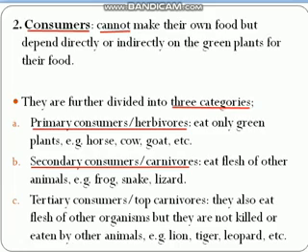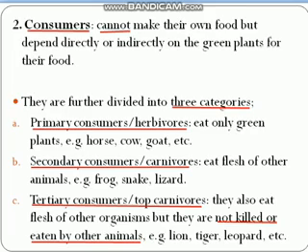While the tertiary consumers are also called top carnivores, they also eat the flesh of other organisms. That means these tertiary consumers are also carnivores. But the difference between secondary consumers and tertiary consumers is that these tertiary consumers are not killed or eaten by other organisms.